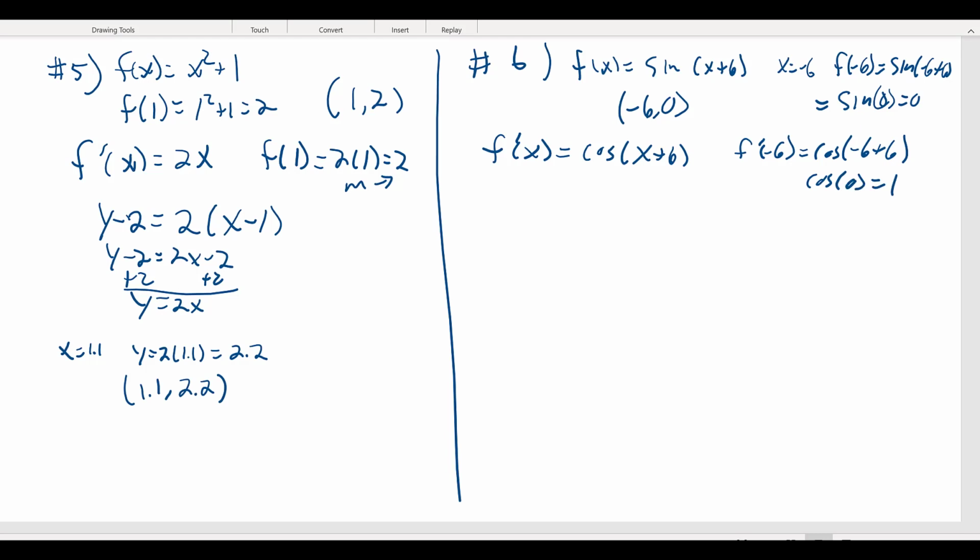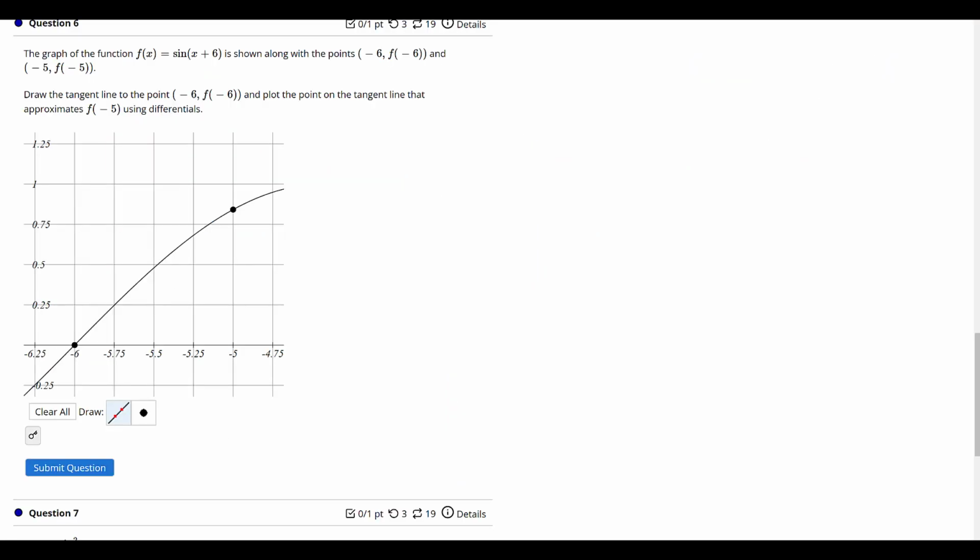So we'll have y minus the y value, and that's our m: y minus 0 equals 1 times x minus negative 6, or y equals x plus 6. So the question is, what happens at the other point? Let me jump back here. Was it 5? Negative 5. Okay.